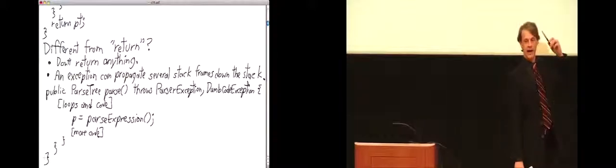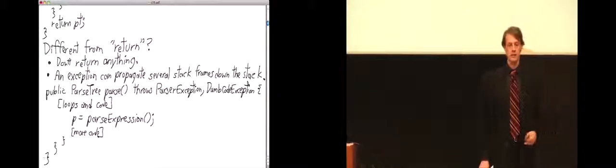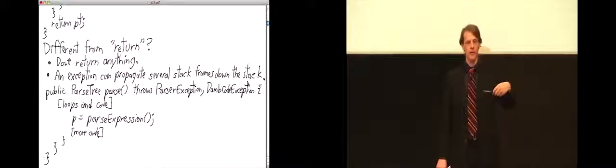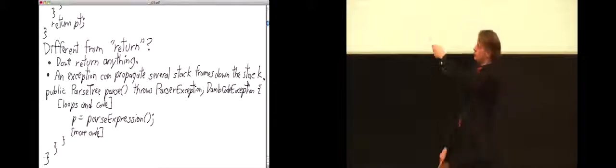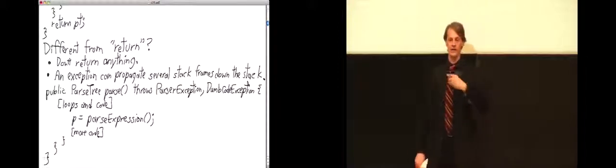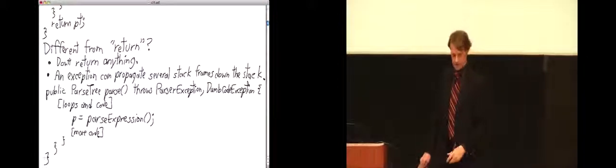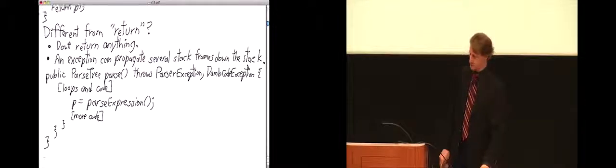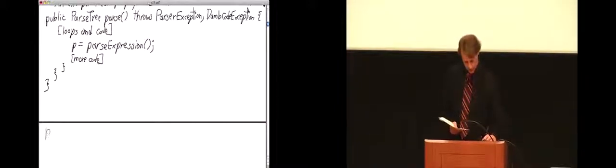This method does not catch that exception. So if the parser exception gets thrown, it's going to come out of parse expression. It's going to go right through this method and rip its stack frame off the stack as well and continue down to the next method that called this method. So parse was called by another method called compile.